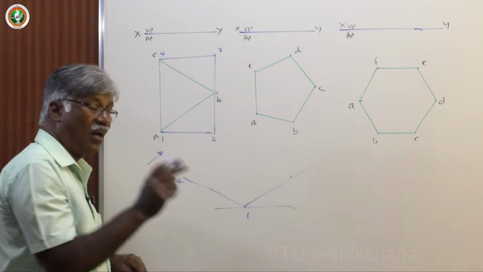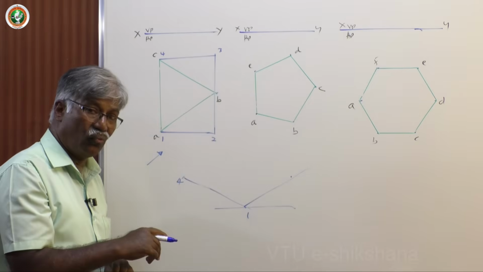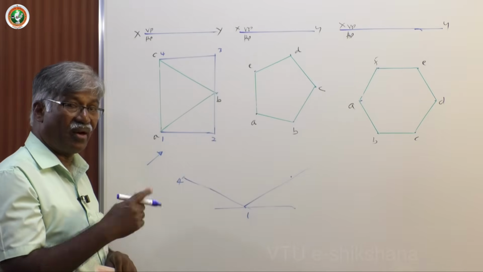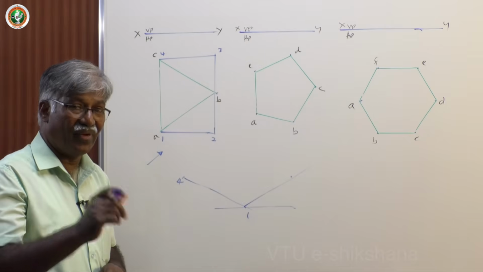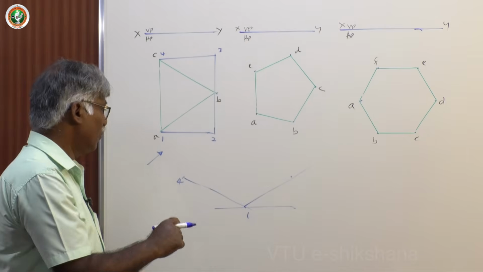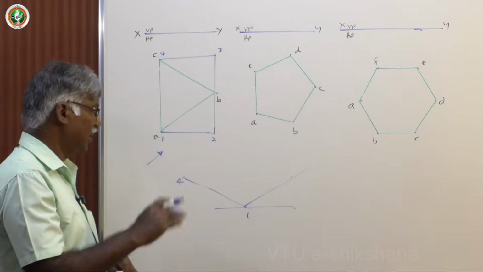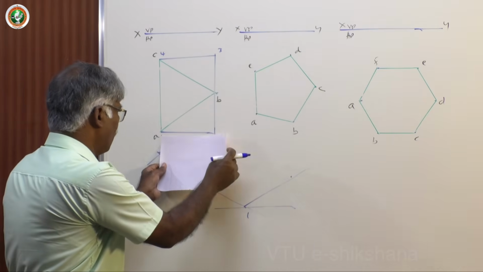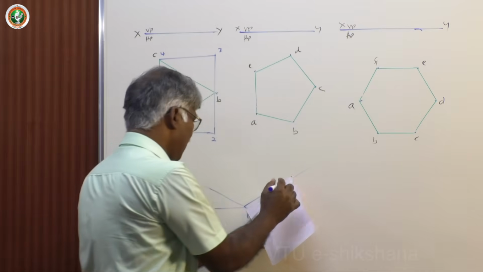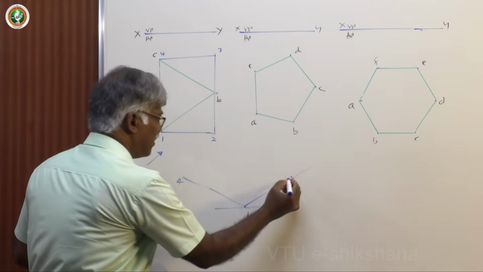Next, assume that I am drawing isometric view or drawing. I am not taking the isometric scale now onwards. Whenever you need, you take it, so it is easy for explanation. Now 1 to 2, you take the direct value of 1 to 2 and mark here. So this is 2.